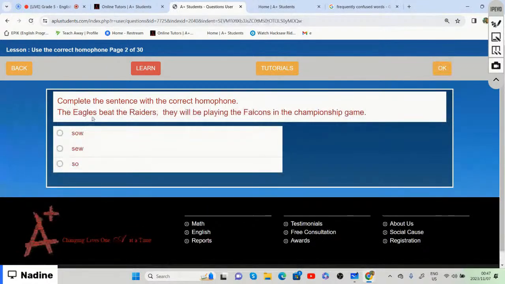And the Eagles beat the Raiders. Do we say so, which is S O W, or sew, S E W, or so, S O? They will be playing the Falcons in the championship game.